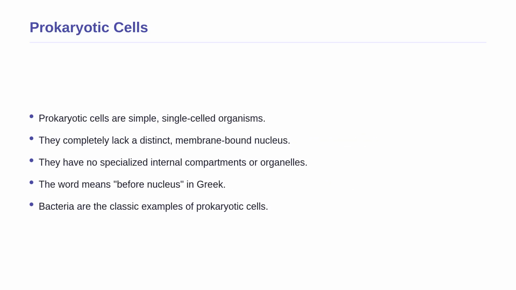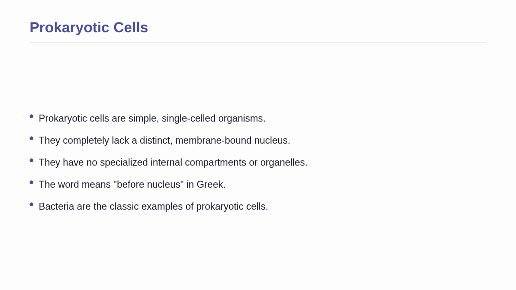Now that we have our analogy, let us formally define the simple studio apartments of the biological world: prokaryotic cells. A prokaryotic cell is a simple, single-celled organism that completely lacks a distinct, membrane-bound nucleus. It has no specialized internal compartments at all.